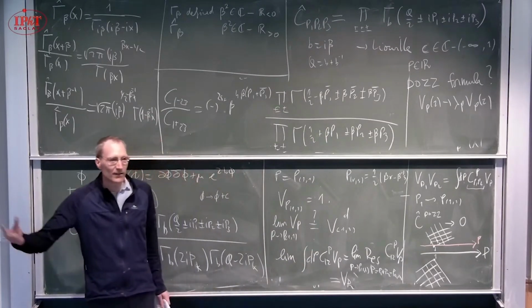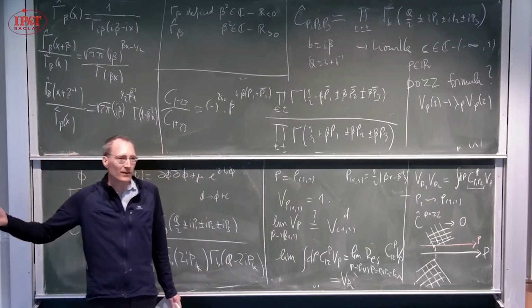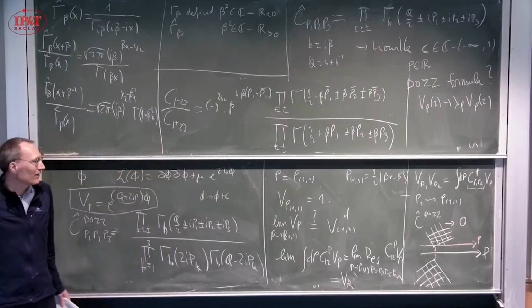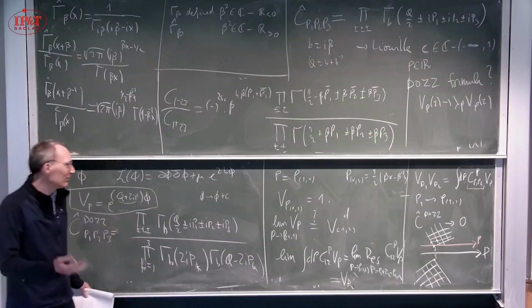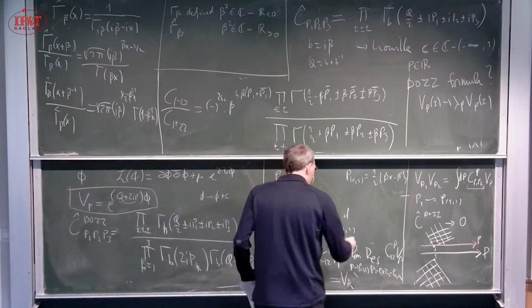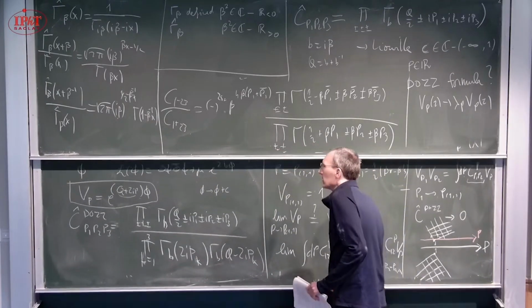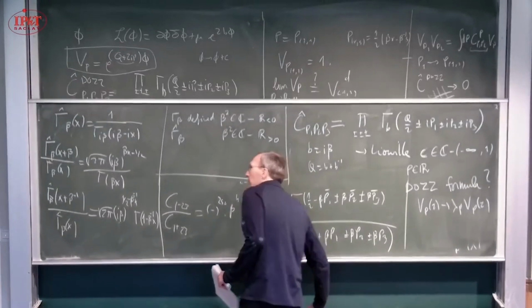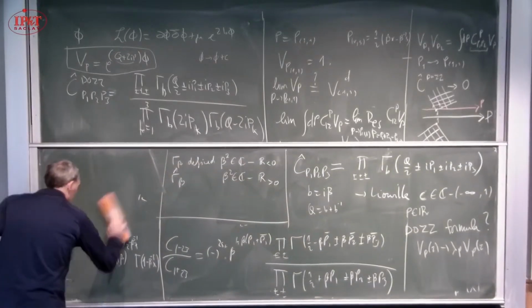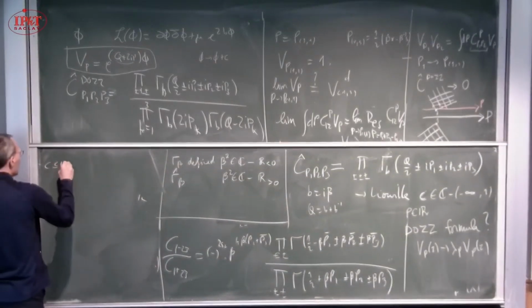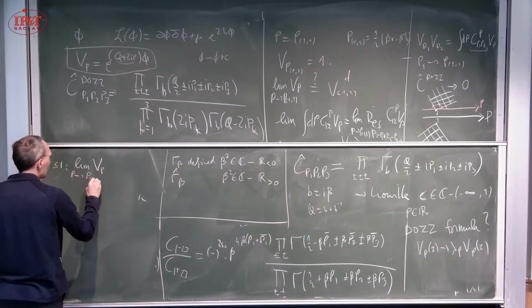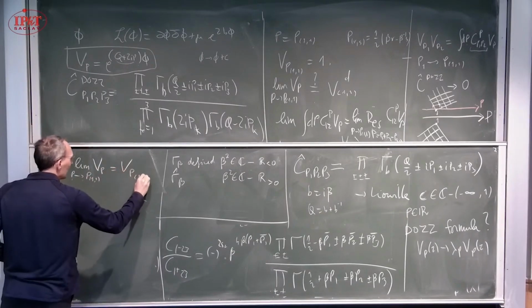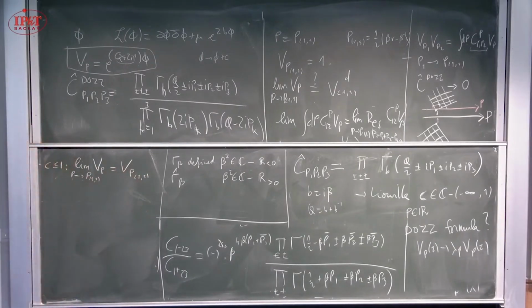Which was not at all the case in Liouville theory with c less than 1, for example. In that case, the limit was just, the integral remained an integral, nothing much happened. So for c less than 1, the limit of V_P when P goes to P11 was just V_P11, some field which is diagonal but not degenerate and which happened to have dimension 0.